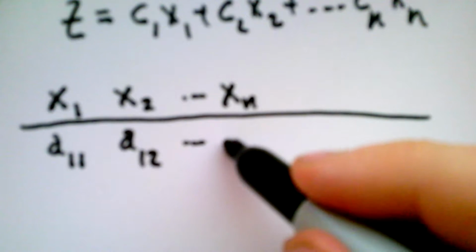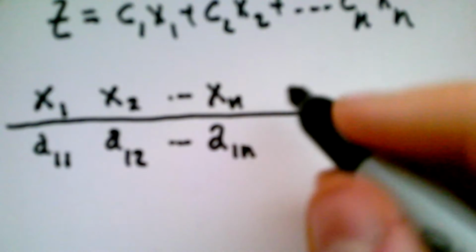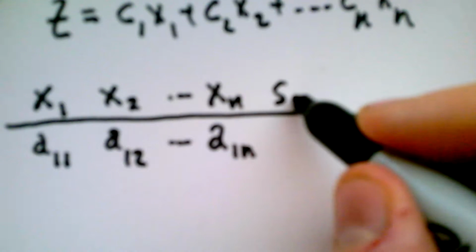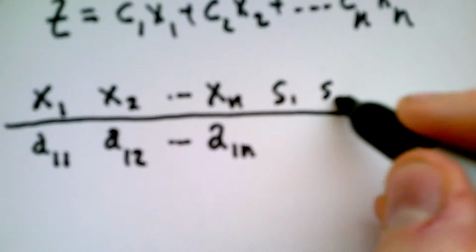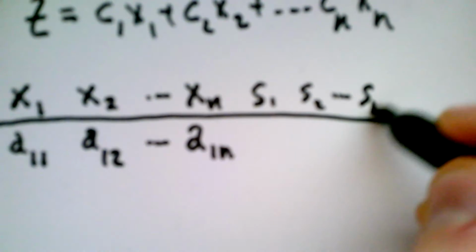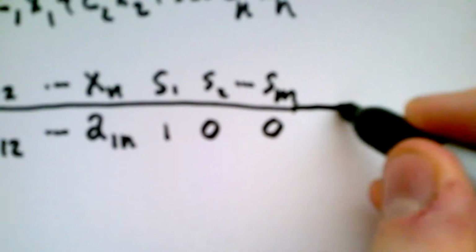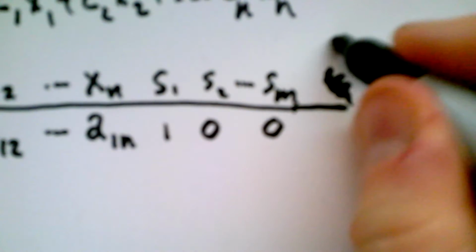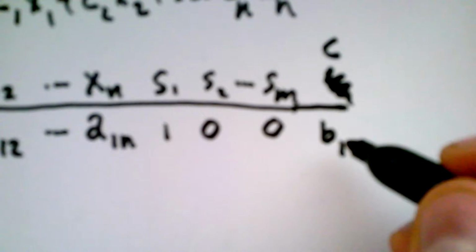So we're going to set up a matrix that looks like this. We're going to introduce something called a slack variable. We're going to introduce one slack variable for every constraint function. And then over here, this is our constant, and it'll be b1 because this is the constant associated with the first equation.